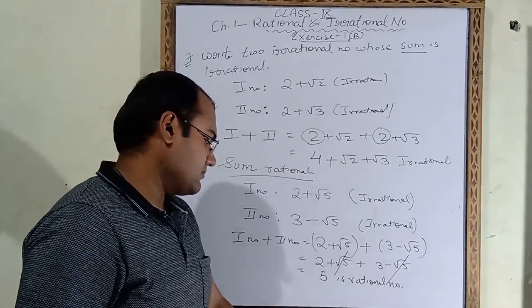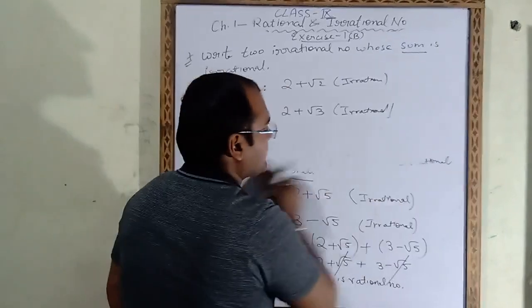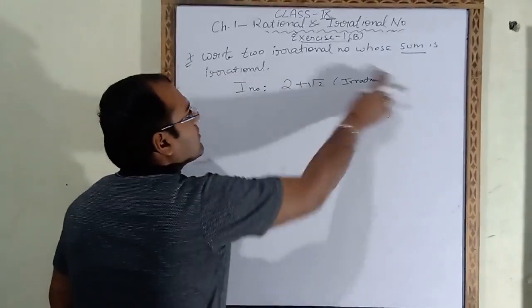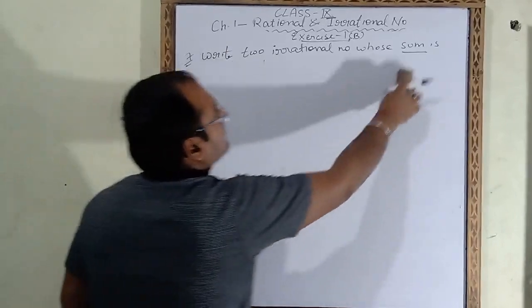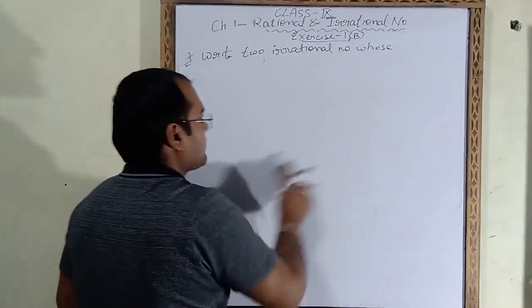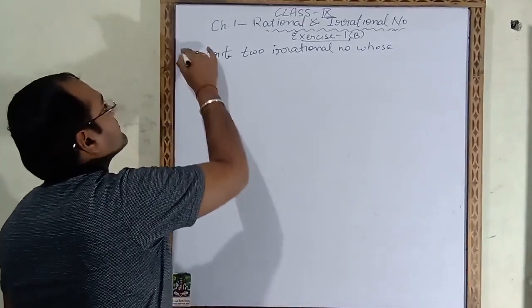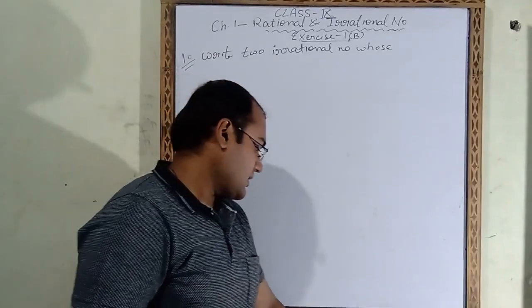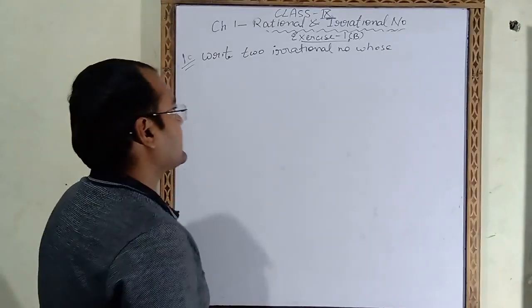Question number 10. Question number 10 is, write a pair of irrational numbers whose difference is rational.